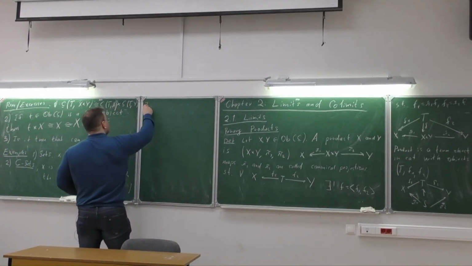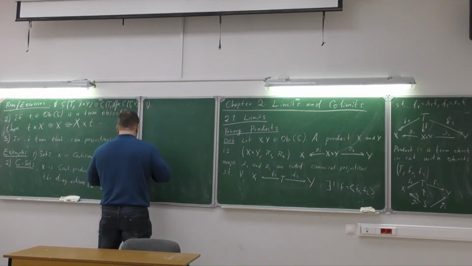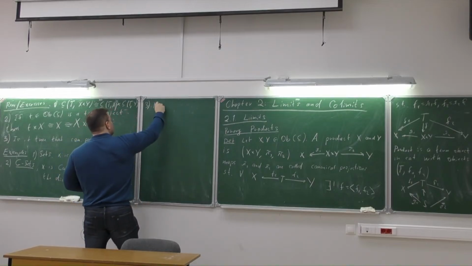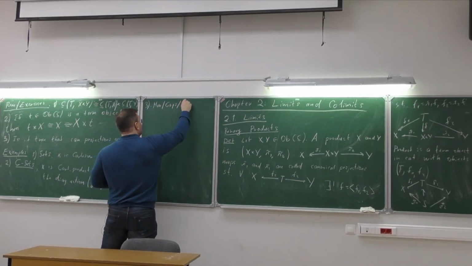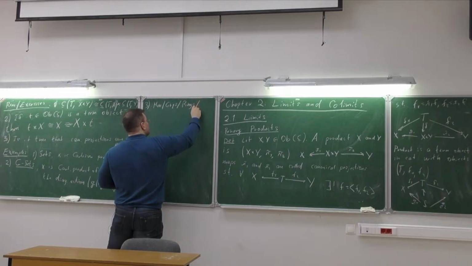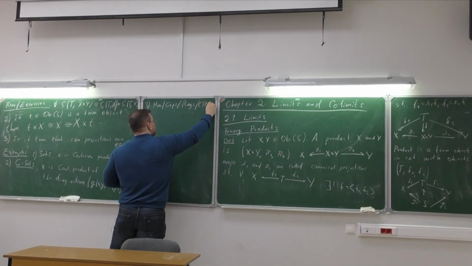Okay, so a third example. Well, we can take some algebraic categories. For example, we can take monoids, groups, rings, or commutative rings.